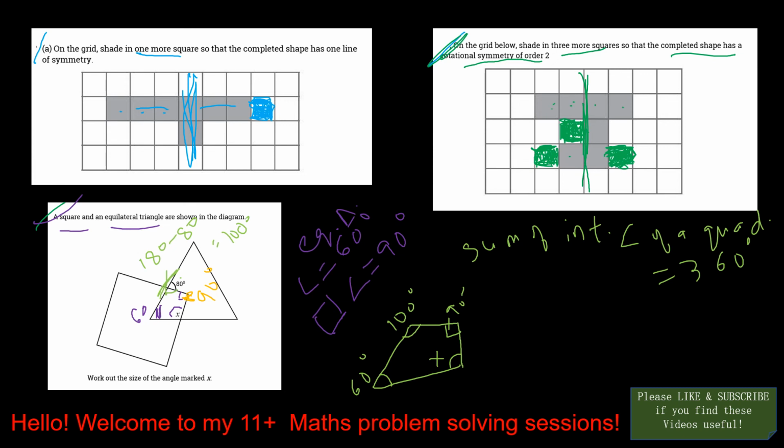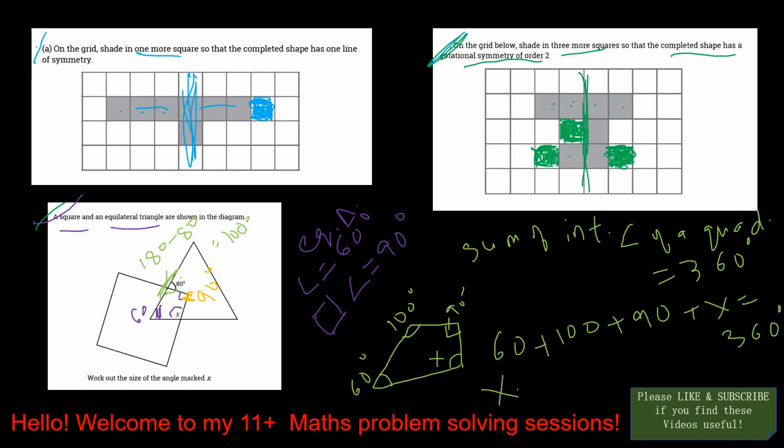So we add this up and get an equation: 60 plus 100 plus 90 plus x is 360 degrees. We just have to solve for x.